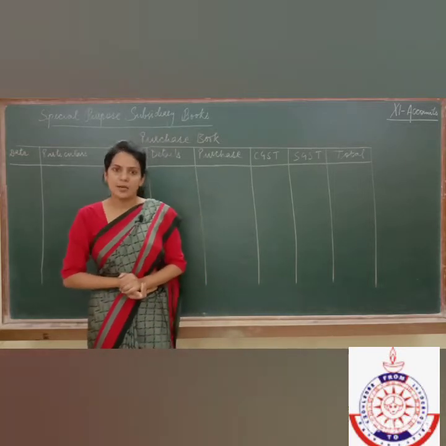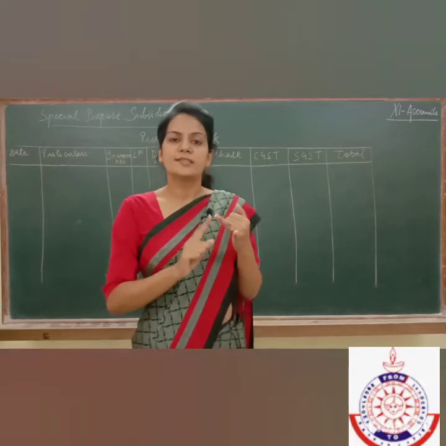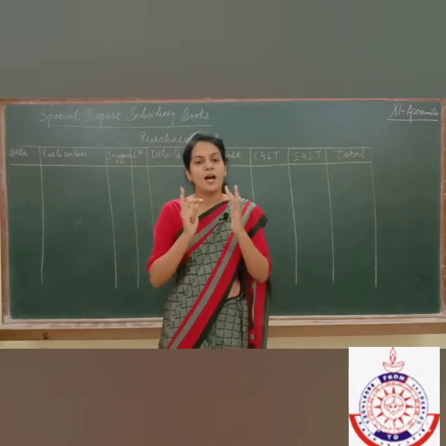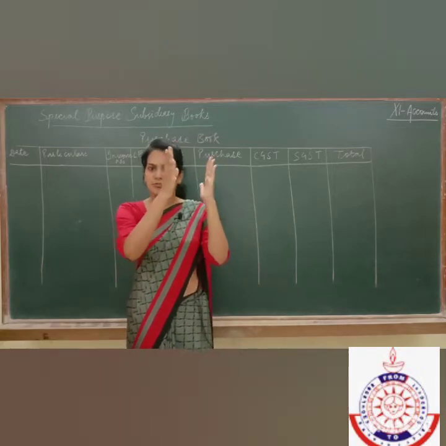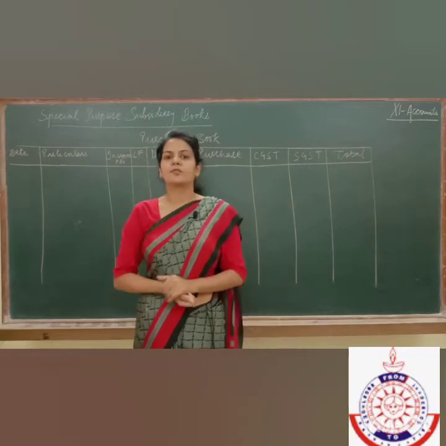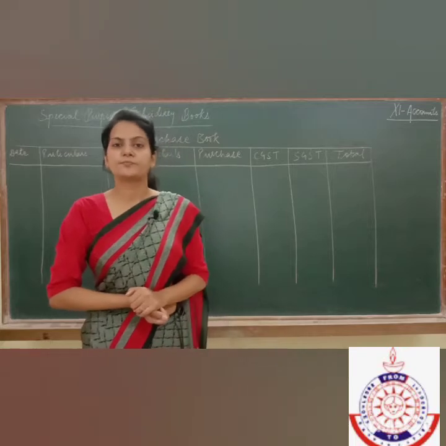So now in this chapter we are going to study how to make purchase book, sales book, purchase return book, sale return book, and then how to post the transactions which we have recorded in these books into ledger accounts. So let's start with the first book, that is purchase book.